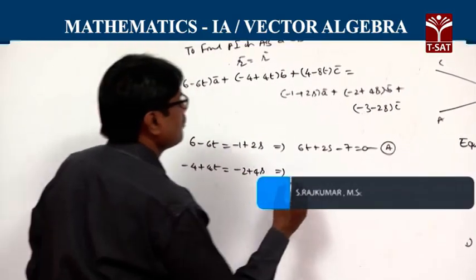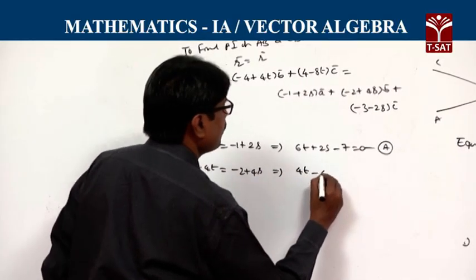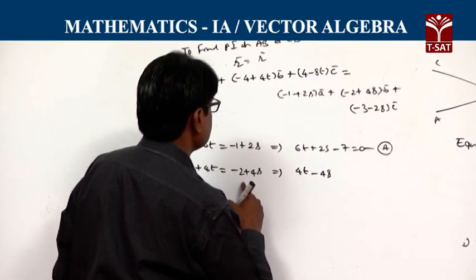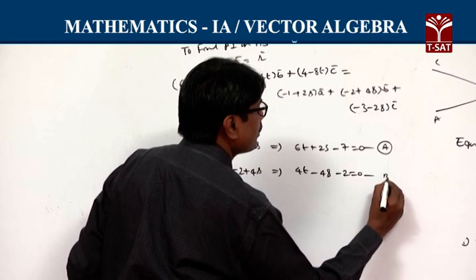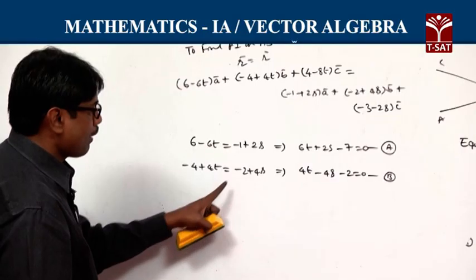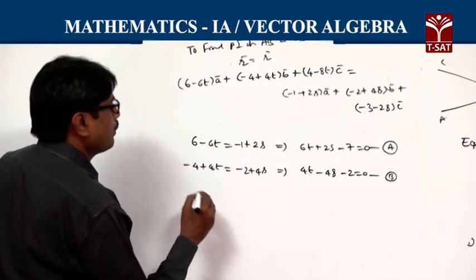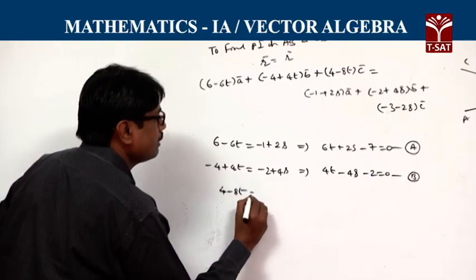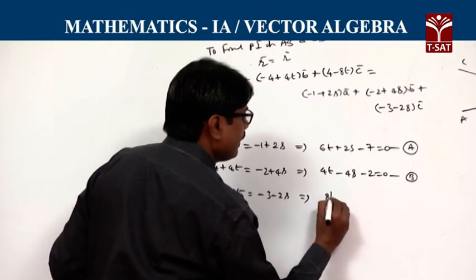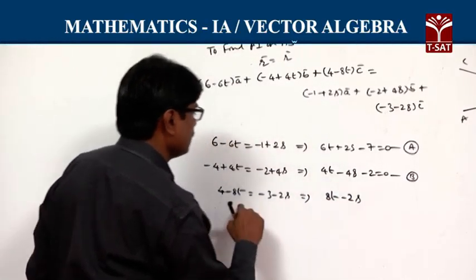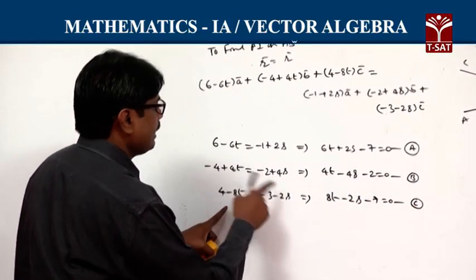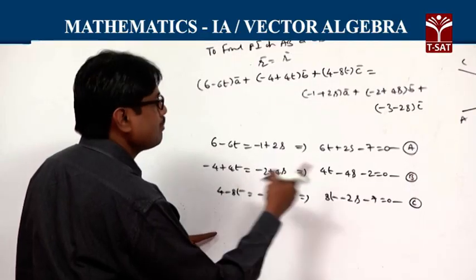This implies 4t minus 4s, and minus 2 minus 4, that is minus 2, equal to 0, called equation B. C bar component wise, 4 minus 8t equated to minus 3 minus 2s, that is 8t minus 2s minus 7 is equal to 0, equation C.